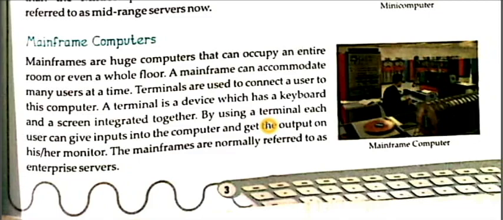A terminal is a device which has a keyboard and a screen integrated together. By using a terminal, each user can give inputs into the computer and get the output on his or her monitor. The mainframes are normally referred to as enterprise servers.